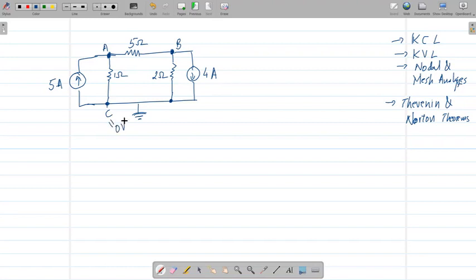It makes my analysis easier. It's not necessary that you have to do this, but it's just something to keep in mind. Sometimes if you see these complicated sources, or if you have to do analysis, you can always take one common node out and set it to 0. So we may or we may not use this. So let me just erase it for now. If we want to use it, then we'll use it.